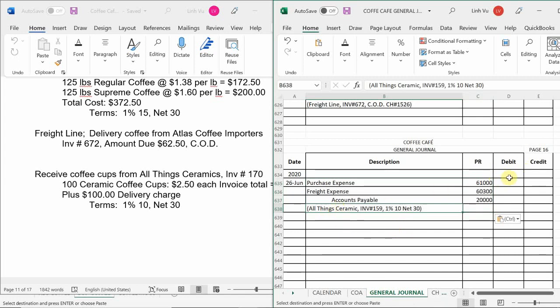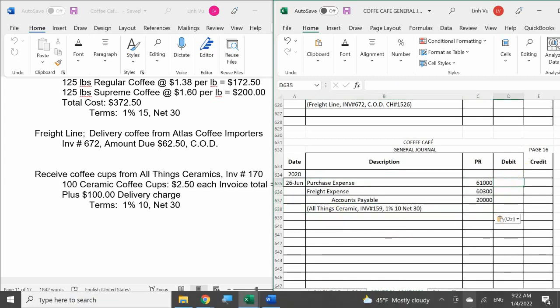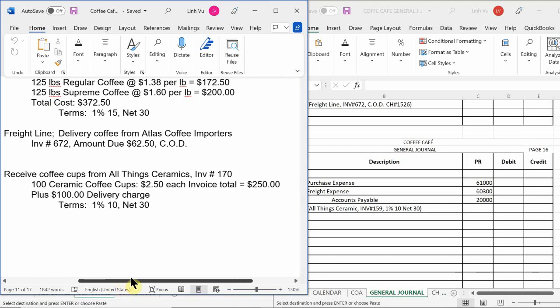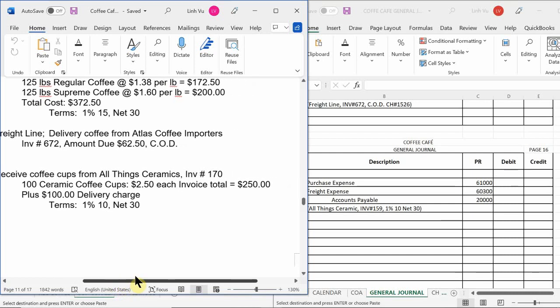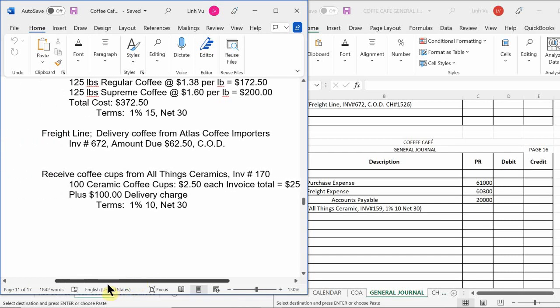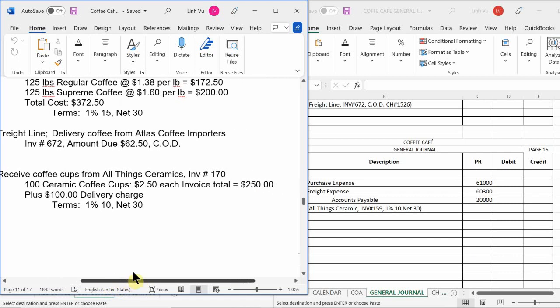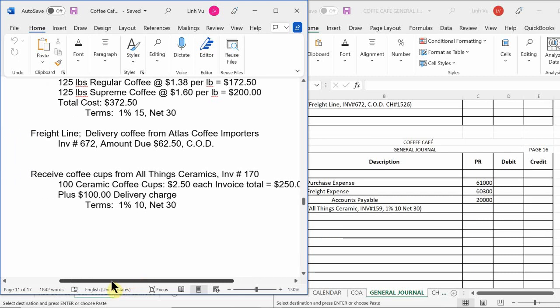All right, so how much is my purchase expense? $251. 250. It's $2.50 each. Oh, I'm looking at the wrong one.